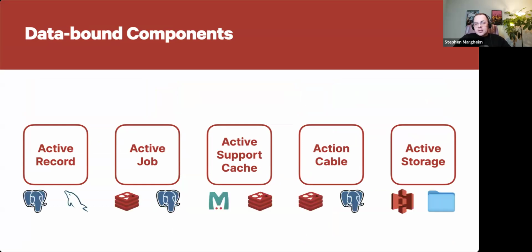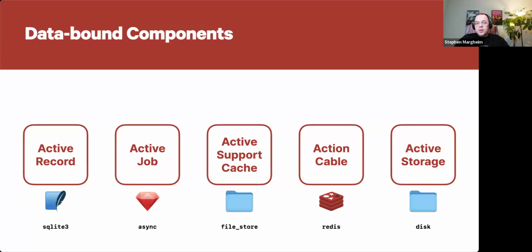Now, Rails is a flexible framework, so it comes with multiple adapters for various data stores for each of these components. But if you were to just run Rails new for Rails 7.1, you would get these as your defaults. So there's lots of options, but these are the defaults that you get.